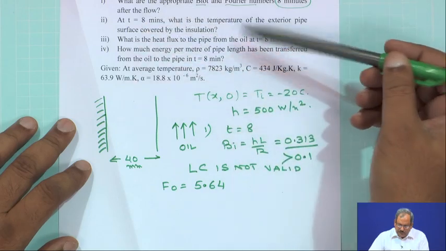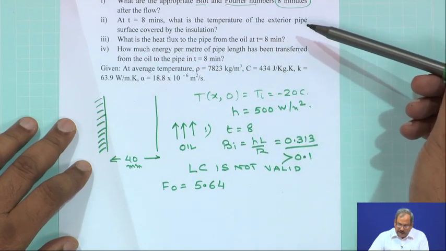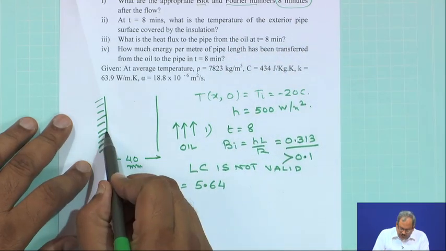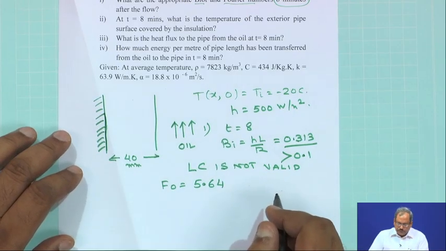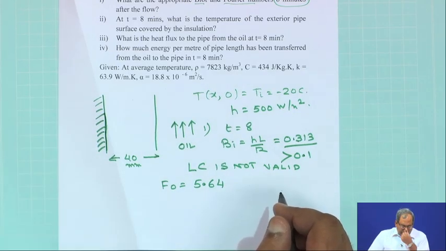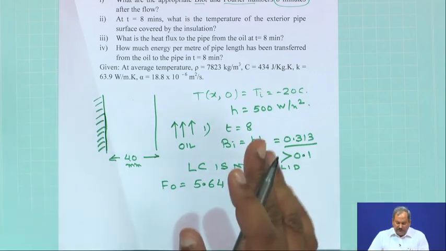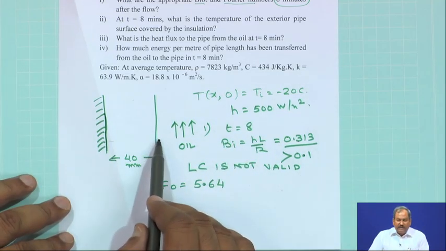The second part of the problem asks: after t equals 8 minutes, what is the temperature of the exterior pipe surface covered by the insulation? That means, what is the temperature of this surface after 8 minutes? Now, the interesting thing to realize is that this is exactly like half of a pipe of thickness 2L.